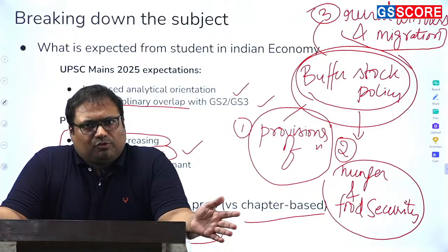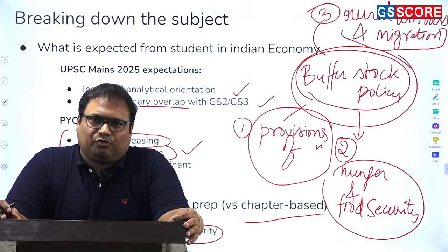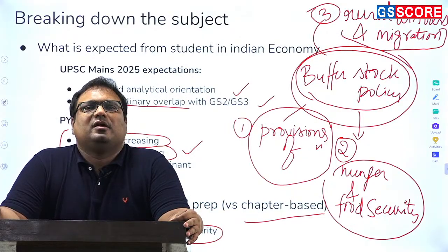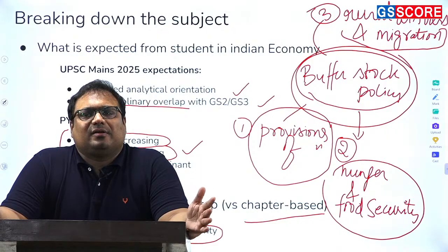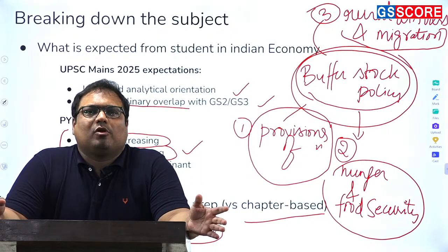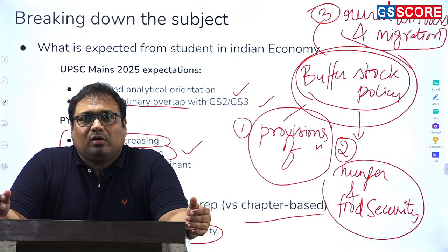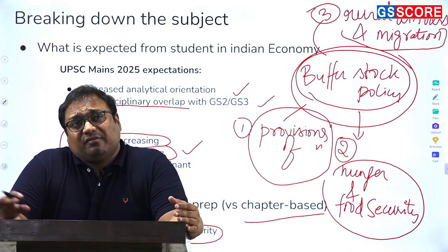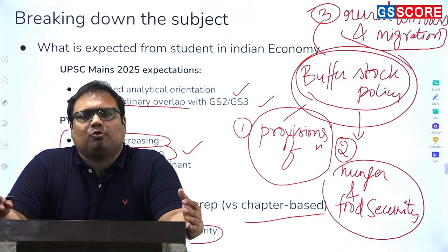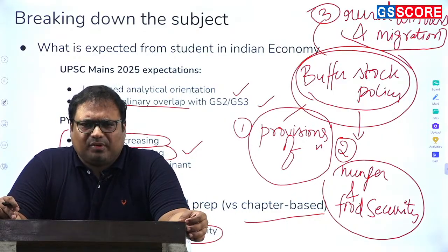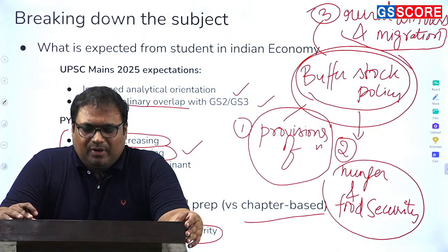So any topic you study, you have to identify its social impact, political impact. You have to identify, let's say, its impact on human development, its impact on industrial development, its impact on diaspora. So these are various dimensions. Not every topic can be linked to diaspora, for example, but certain topics which can be, you should ideally be doing that.